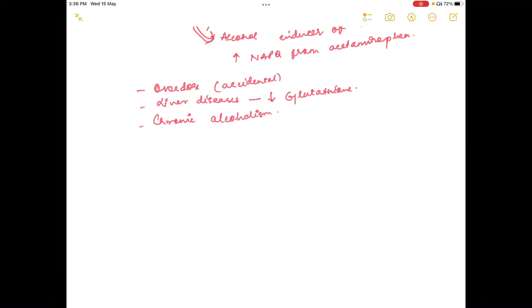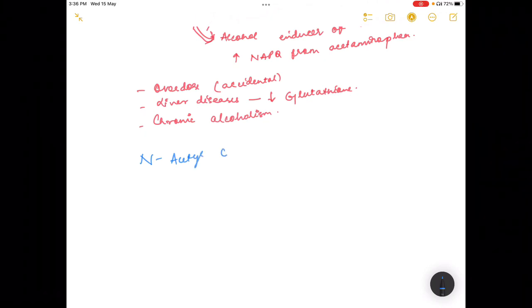Now, what is the antidote of paracetamol poisoning? The antidote is N-acetylcysteine. This is a question: the drug of choice in paracetamol or acetaminophen poisoning.